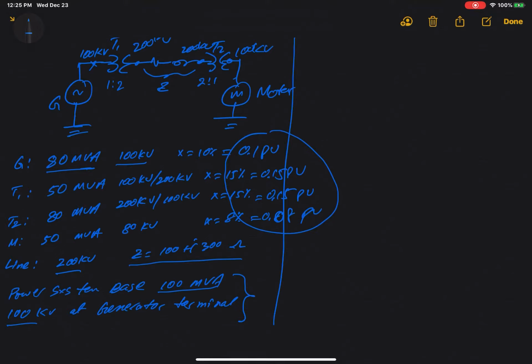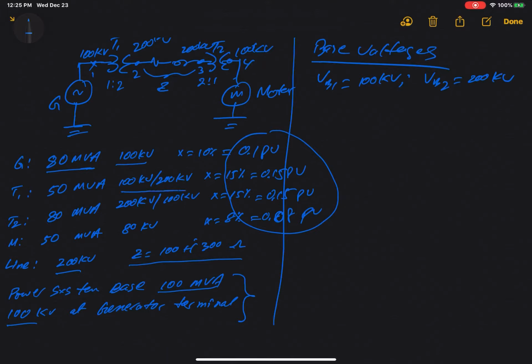So, base voltages. Let's say this is point 1 here, this is point 2, this is point 3, and this is point 4, right? So V1, as you know, is 100 kV. Your point 2, V2, is 200 kilovolts, because of the 1 to 2 ratio right here.